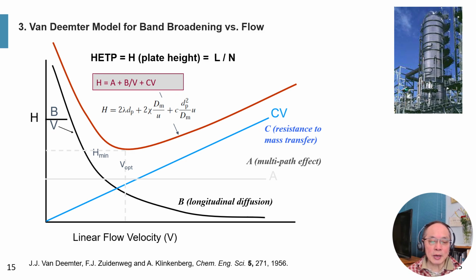In section 3, we look into the Van Deemter model, or the Van Deemter equation, for band broadening versus flow. The equation was developed by Van Deemter, a Dutch chemical engineer, in the 1950s, shown here in the reference.